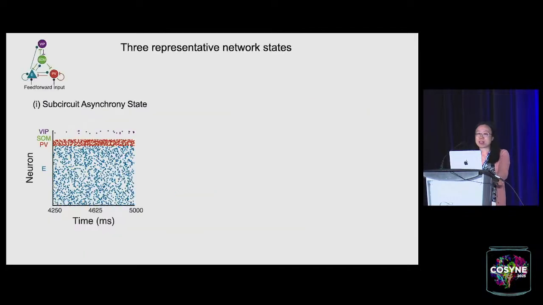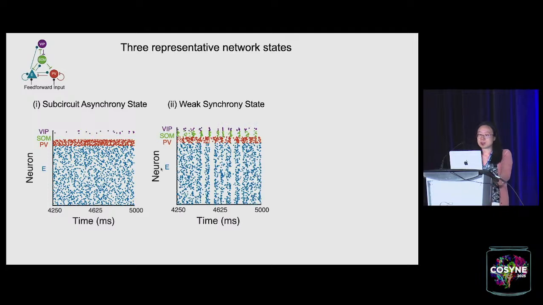As we apply varied inputs to different cell populations, we consistently observe 3 representative network states. So first, in the subcircuit asynchronous states, the SOM neurons are silent, which decouples the VIP neurons from the E and the PV neurons. Therefore, the network is reduced to E and PV subcircuits, and their dynamics are asynchronous.